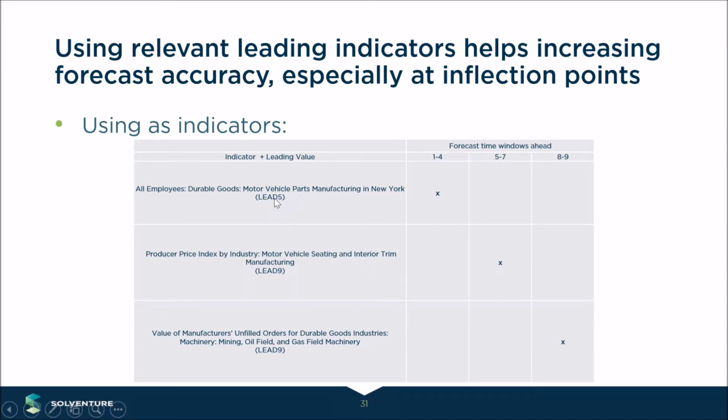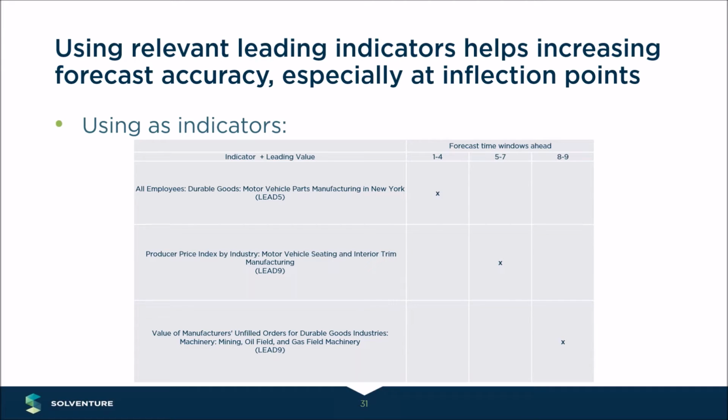You can also see the lag or the lead here. So this is 5 months leading, 9 months leading. It also confirms that it is possible to find indicators which are leading by a sufficient number of months.